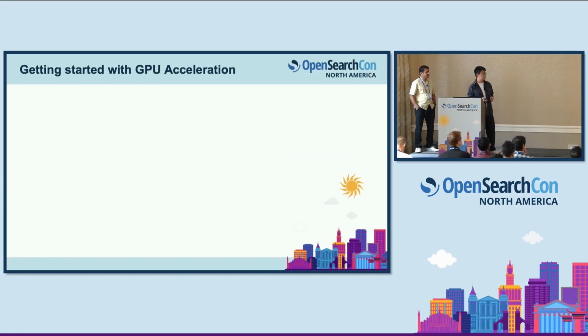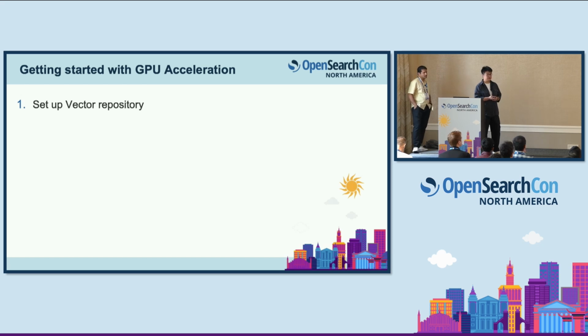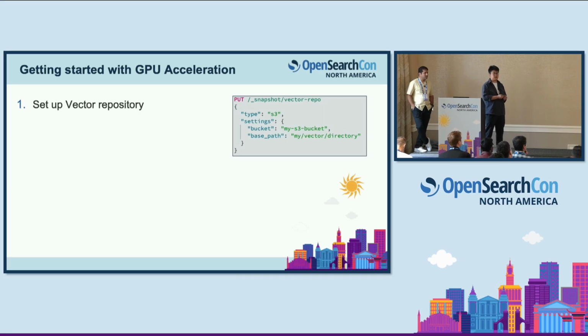All right, so then let's talk about actually configuring your OpenSearch cluster to get started with GPU acceleration. Navneet mentioned that we are using a remote object store. If you're familiar with OpenSearch, you know that OpenSearch integrates with a lot of remote object stores already. There's the repository interface, which you can use for snapshots.